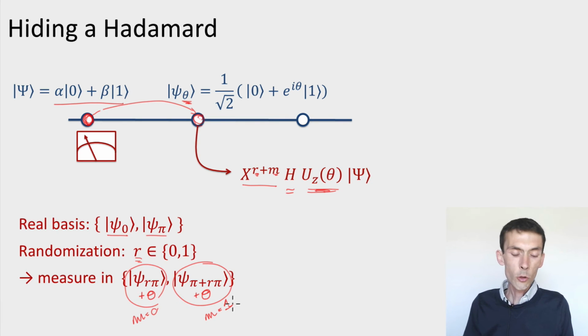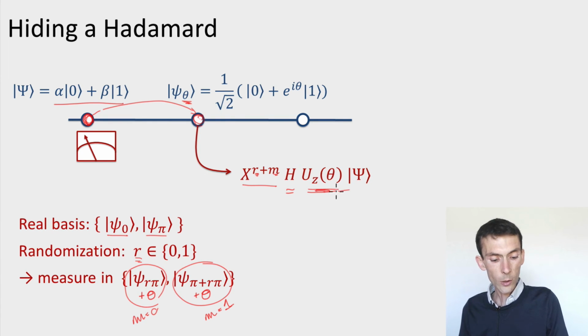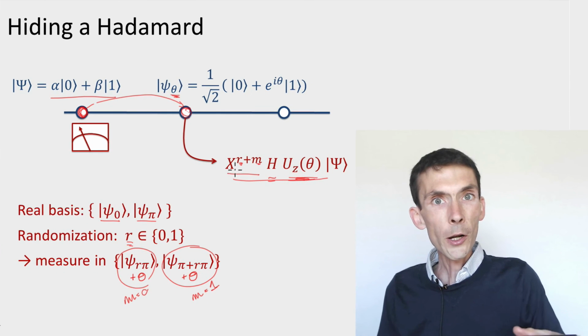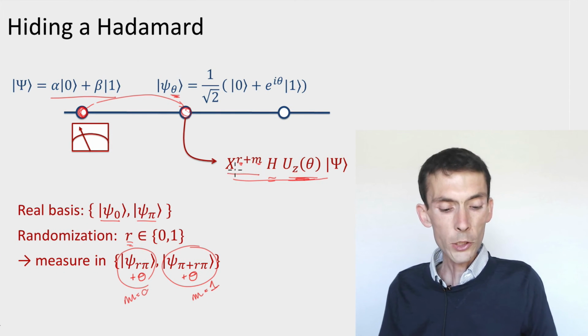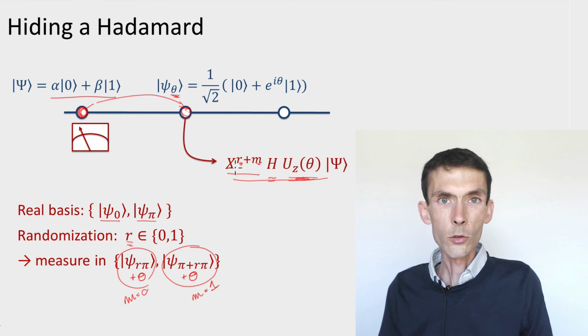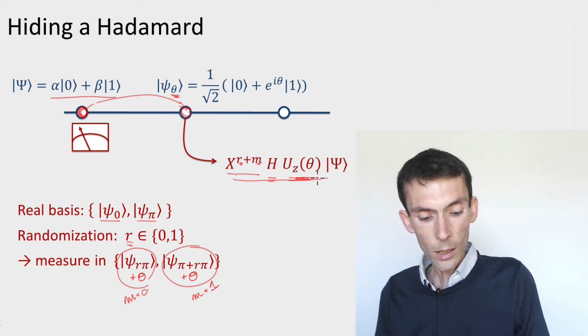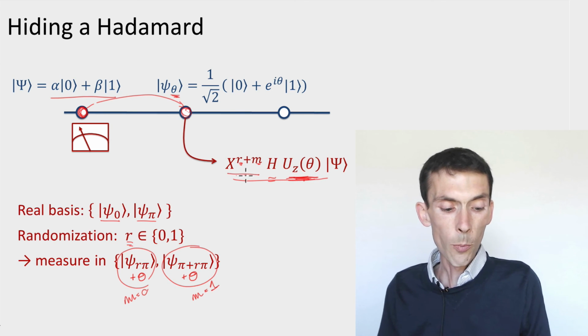So I encourage you to do this computation. I've described the full protocol to you. You should be able to verify that the state of this qubit is updated in this way. And then the verifier is going to continue the computation like this, keeping track of these angles and these Pauli corrections. So for each gate that it wants to apply, due to the angles theta and the random bit r, there's going to be another phase that piles up in front of the state, and a Pauli correction that piles up at the end.